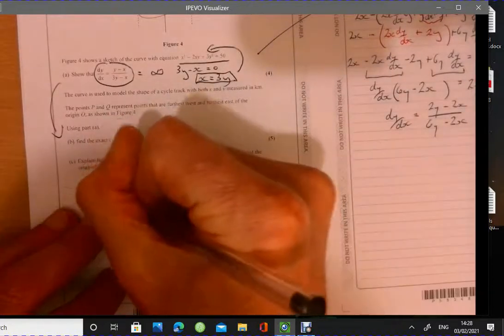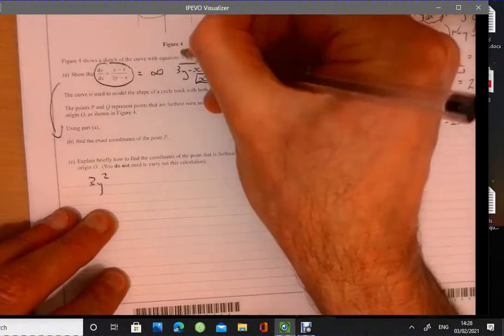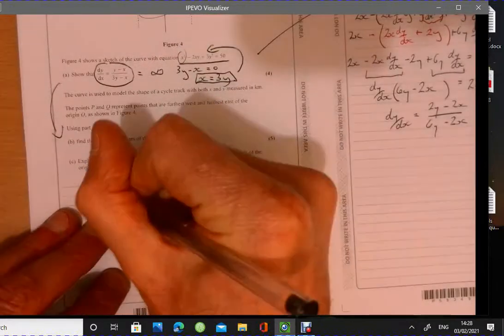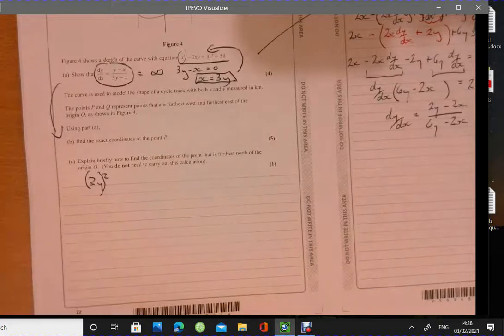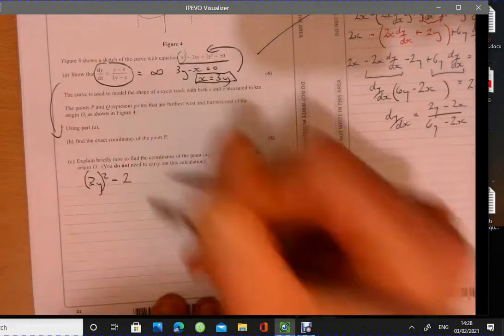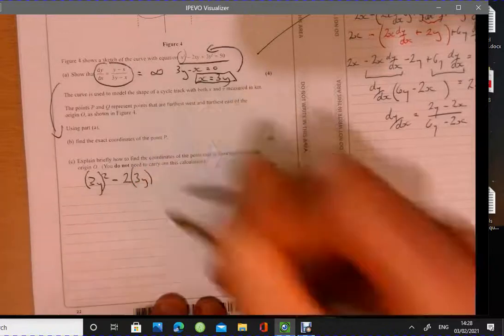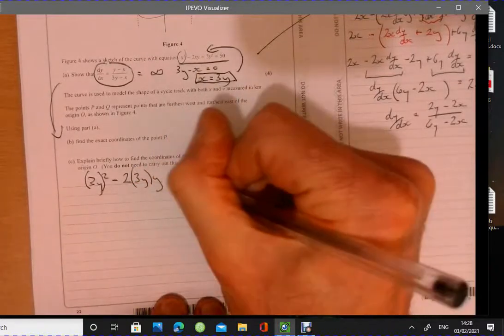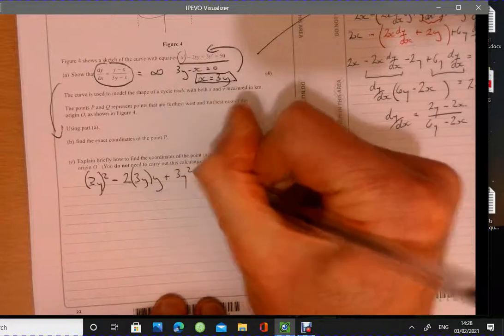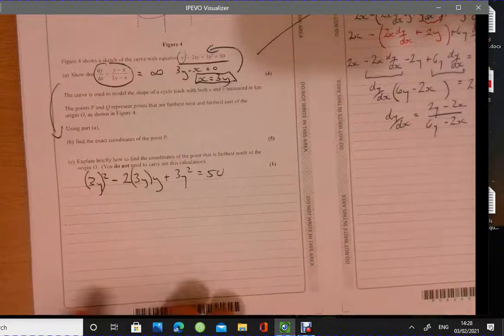So if we feed that in, let's quickly see what we end up with. We're going to get 3y squared, because we're doing x squared there, but look, I nearly made a mistake, because it's (3y) squared. And then we're going to take away 2 multiplied by x. Instead of writing x, I'm going to write 3y, multiplied by the other y, and plus 3y squared, that equals 50. Let's tidy this up.